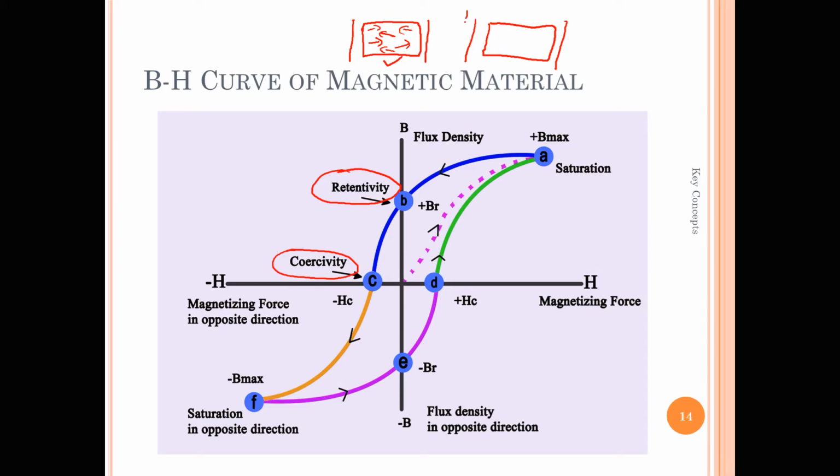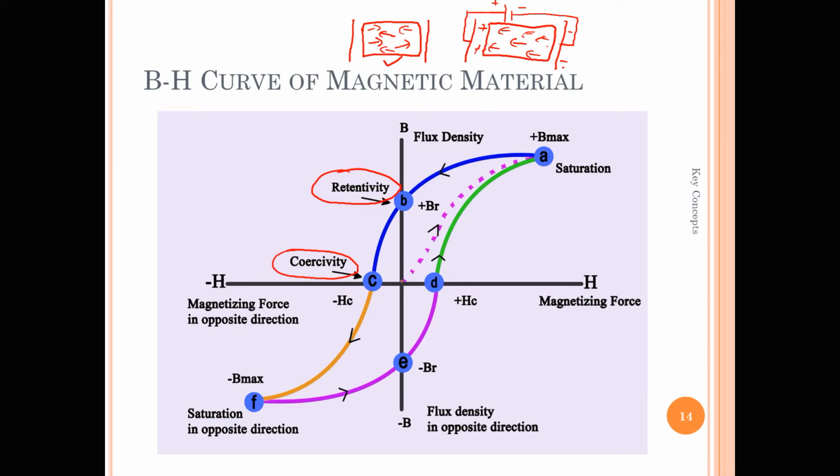Once we connect these to a certain power supply, what happens if this is positive and this is negative? Electrons always flow from negative to positive, so the direction of electrons will be this.